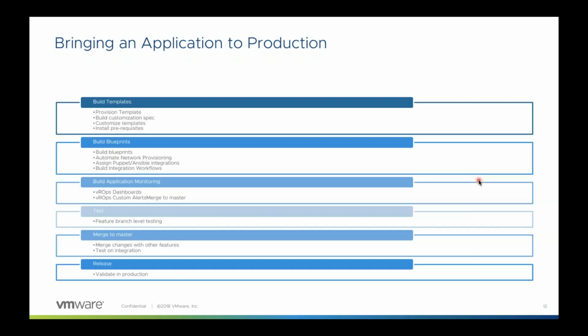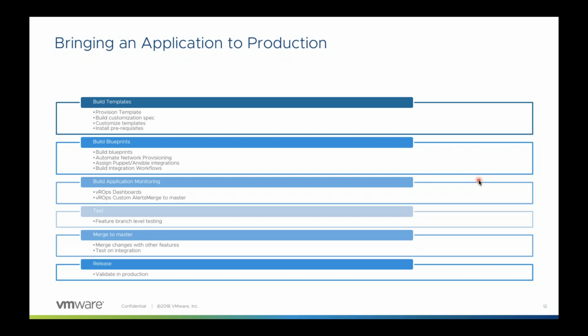So when we talk about bringing an application to production, this is a little bit of an eye chart, but we think of it as we start out building templates, where we provision the template, we build a customization spec, we customize the template, we install the prerequisites. Then someone else comes along and builds a blueprint. Then we decide, hey, we need to know how to monitor this.